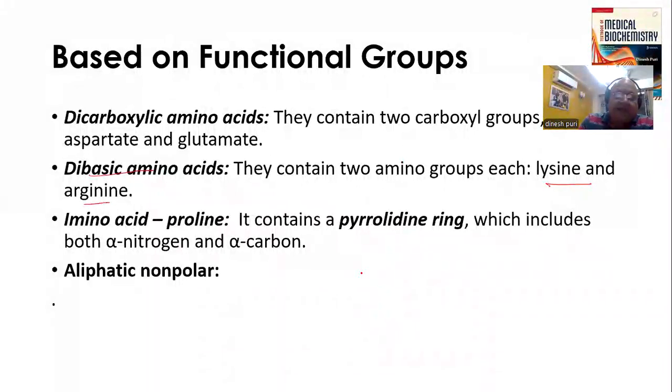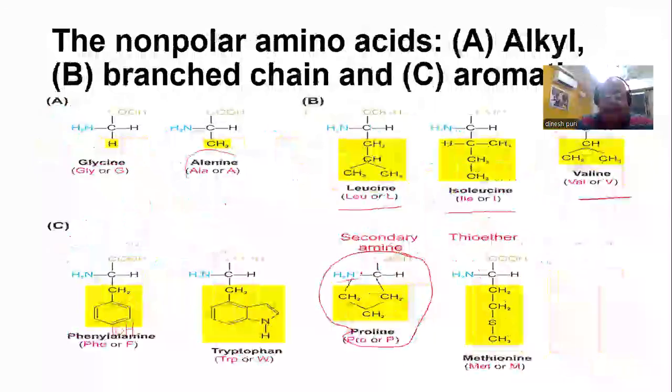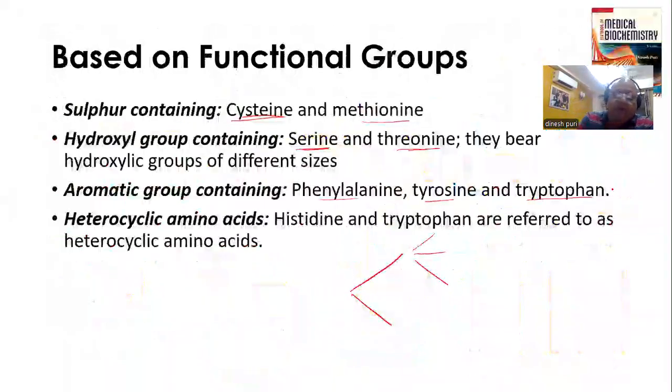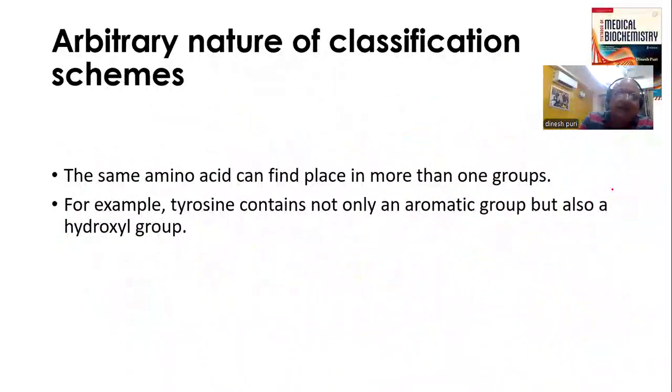And then aliphatic non-polar, which we saw: alanine, leucine, isoleucine, valine. They are all non-polar, and the R group is an aliphatic R group. So we finish with the second classification scheme also.